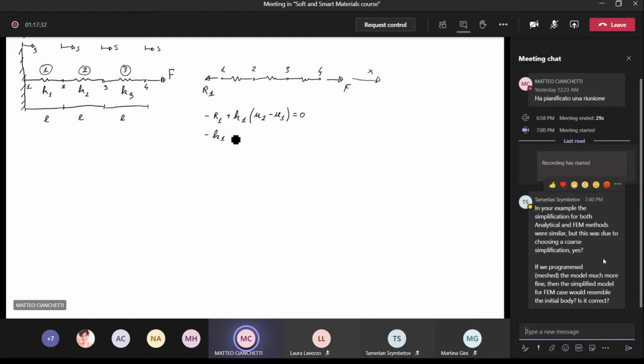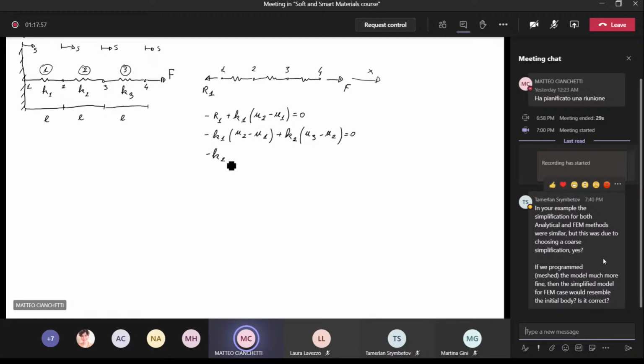Minus K1 (U2 minus U1) plus K2 (U3 minus U2) equal to 0 for the equilibrium.